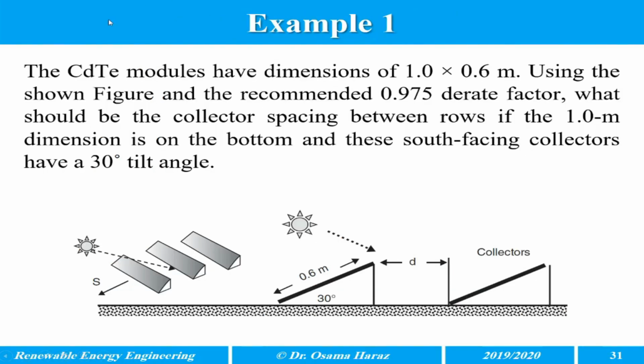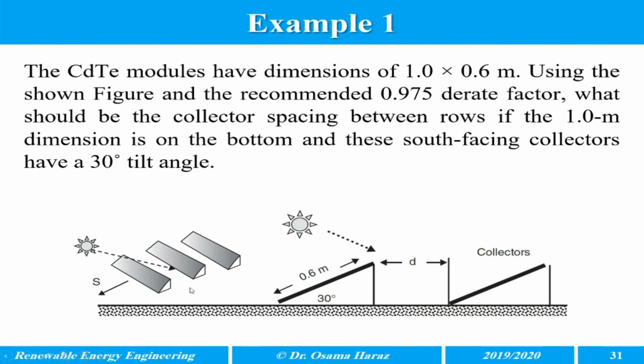To clarify this point, we need to go through this example. The cadmium telluride CdTe modules have dimensions of 1 meter by 0.6 meter. Here in this figure you can see the 0.6 meter here and 1 meter on the other side.